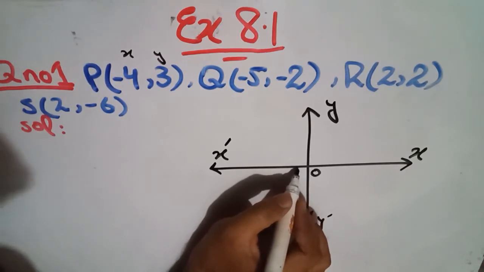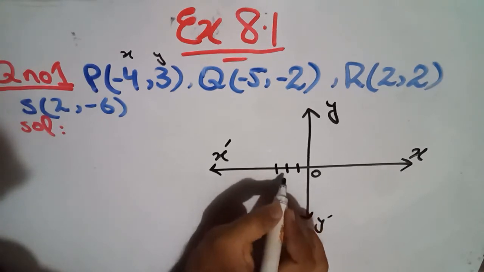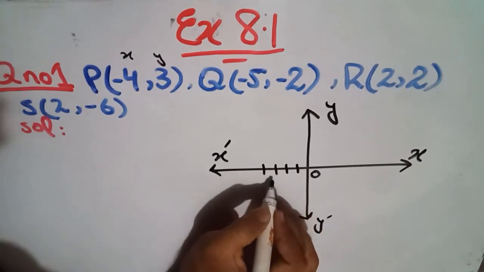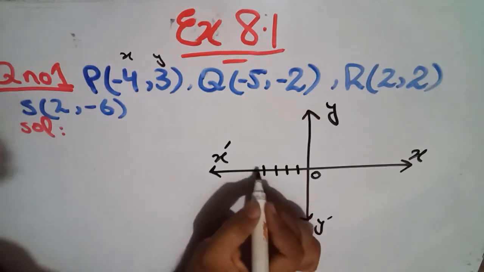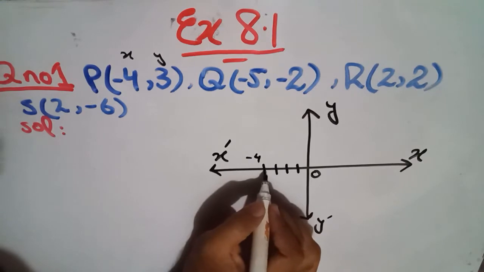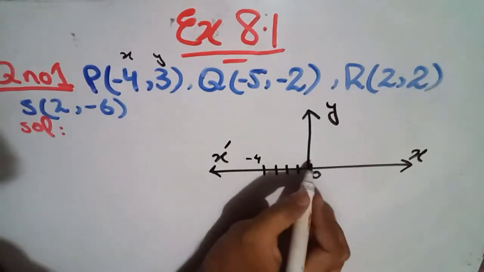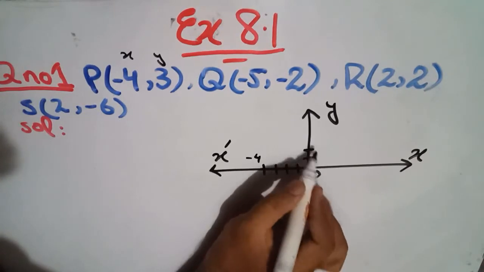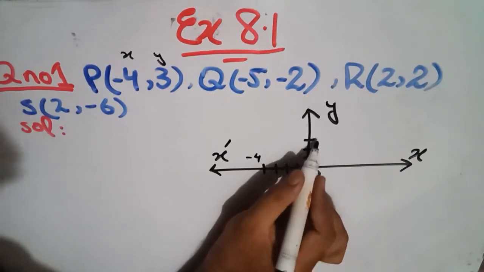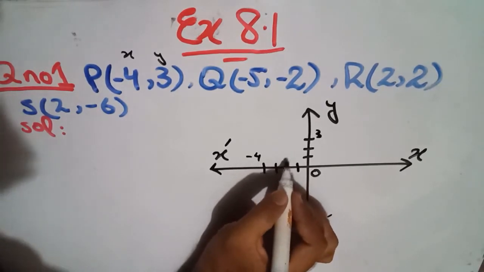Now I am just drawing it. 1 2 3 4. So 1 2 3 4. So this is -4. Okay, -4, x is -4 and the y is 3. Y is 1 2 and 3. So this is 3. So how can you represent it?